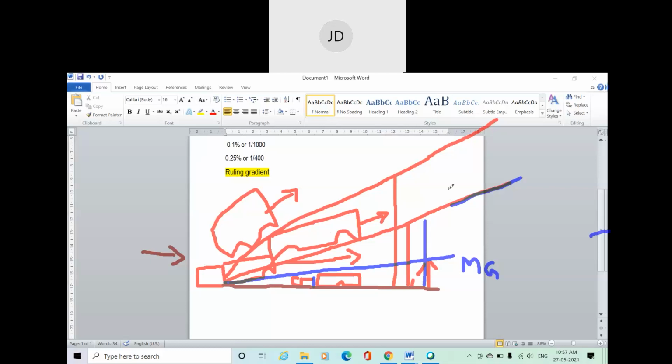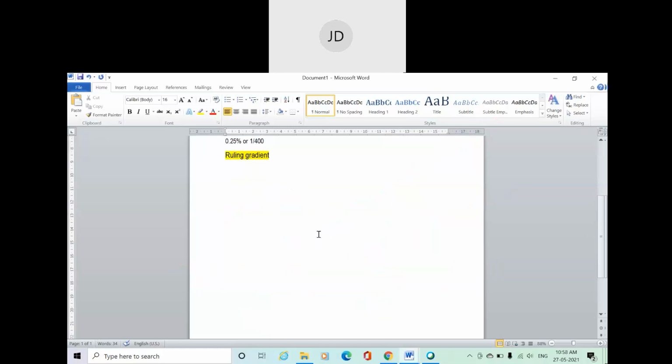Now, from this point, we can say the ruling gradient is always higher than the minimum gradient. Have you understood this? In some exams, the question may give you the amount of ruling gradient.